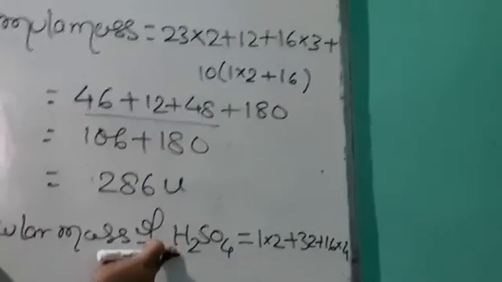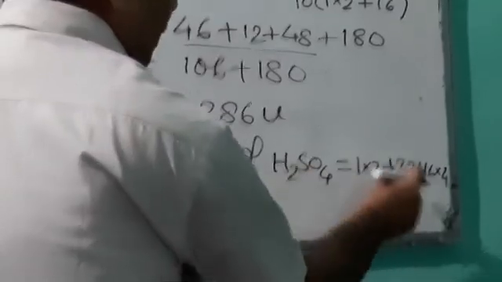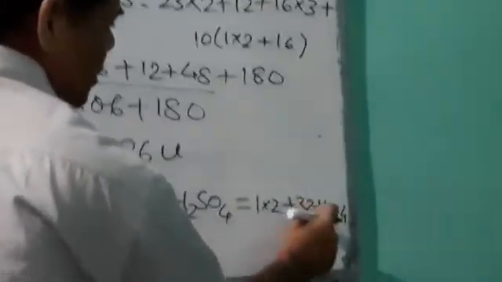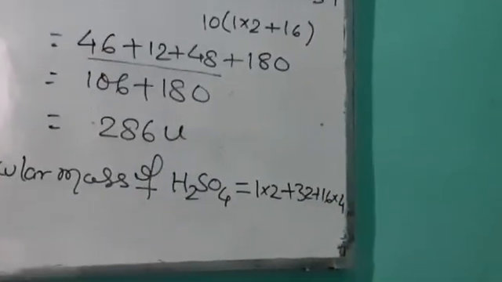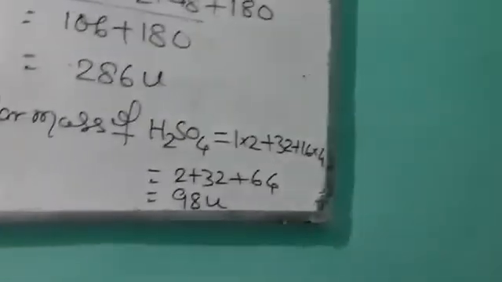Hydrogen has 1. How many hydrogen? 2. 1 into 2 plus sulfur 32 plus oxygen 16 into 4. So it comes 2 plus 32 plus 64. It will come 98 U. So the molecular mass of H2SO4 is 98 U.